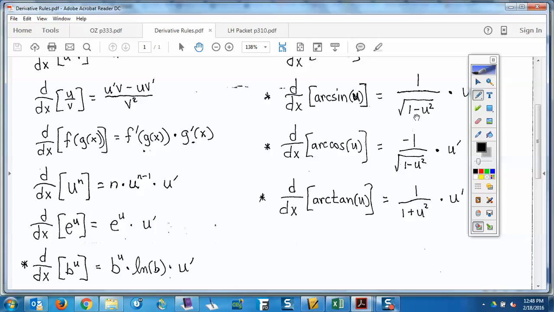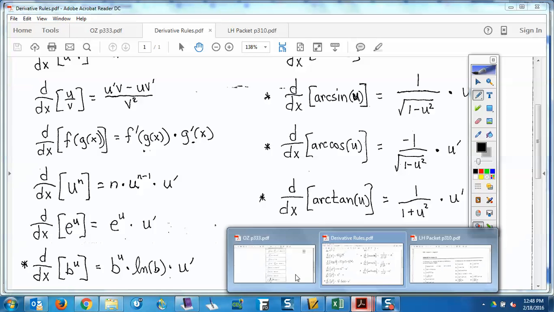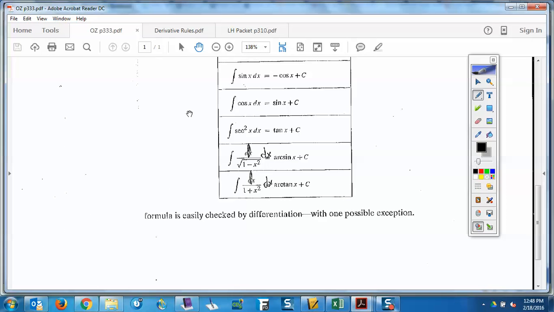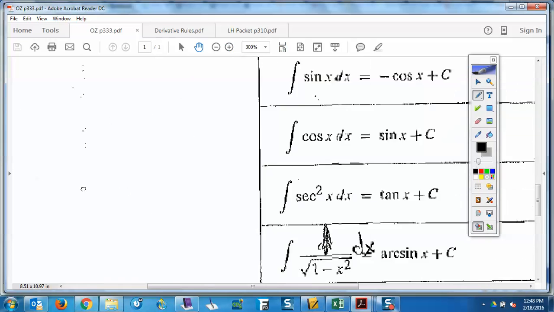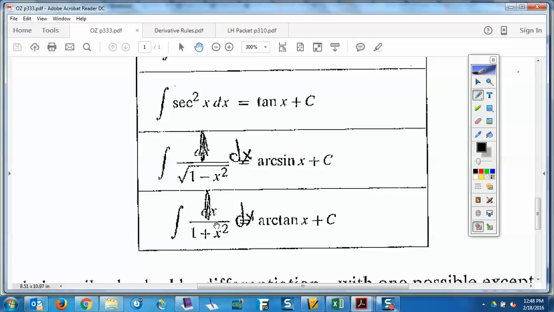But I think anytime you see an integral, an antiderivative, where you've got a 1 plus something squared on the bottom, or a square root with a 1 minus something squared, you better recognize that as arctangent or arc sine, because those are in our list right here. Those are down here as ones we have to memorize. Will arc cosine not be on there?